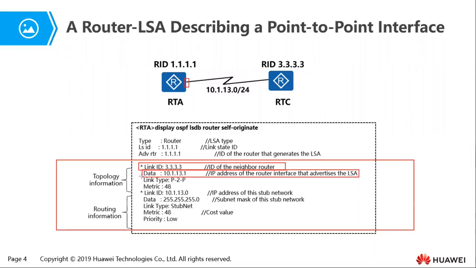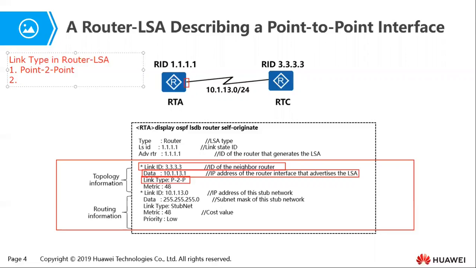Then the next thing is the link type. I need to dive a little deeper on the link type because it's important. The link type should not be confused with the OSPF network types. In a Router-LSA, you can have 3 link types. Number 1, we have point-to-point.